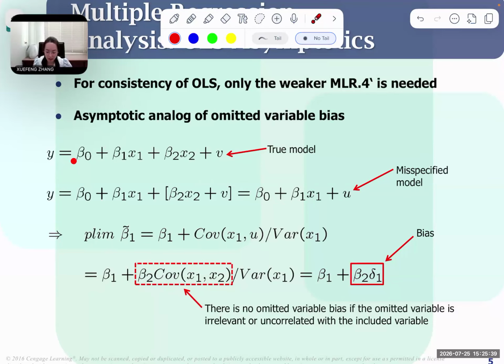Suppose we have the true model, y equals beta 0 plus beta 1 x1 plus beta 2 x2 plus v. Suppose we misspecify and drop x2, putting it into the error term, so y equals beta 0 plus beta 1 x1 plus mu.